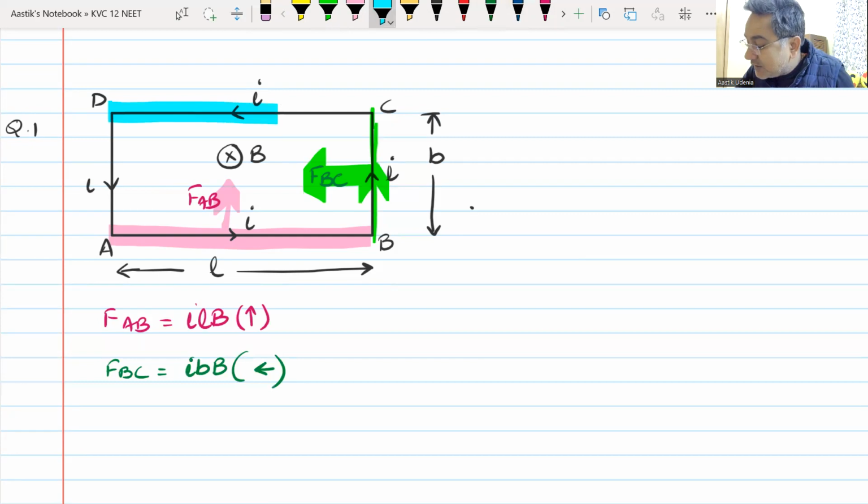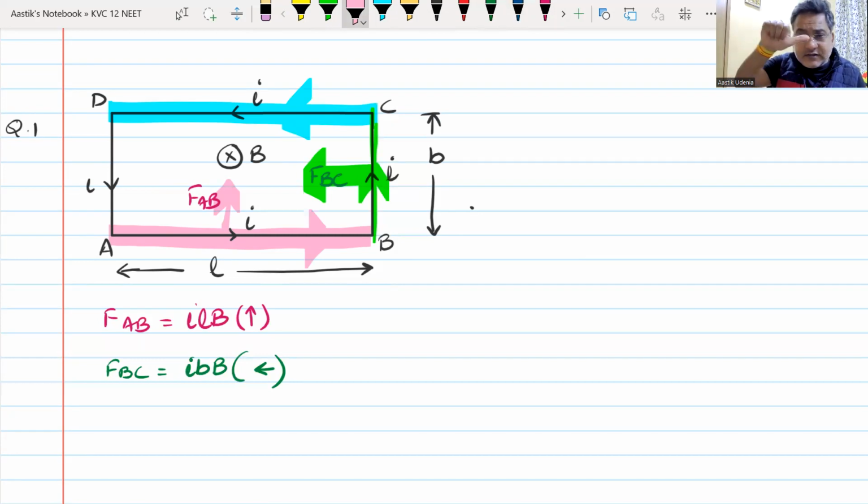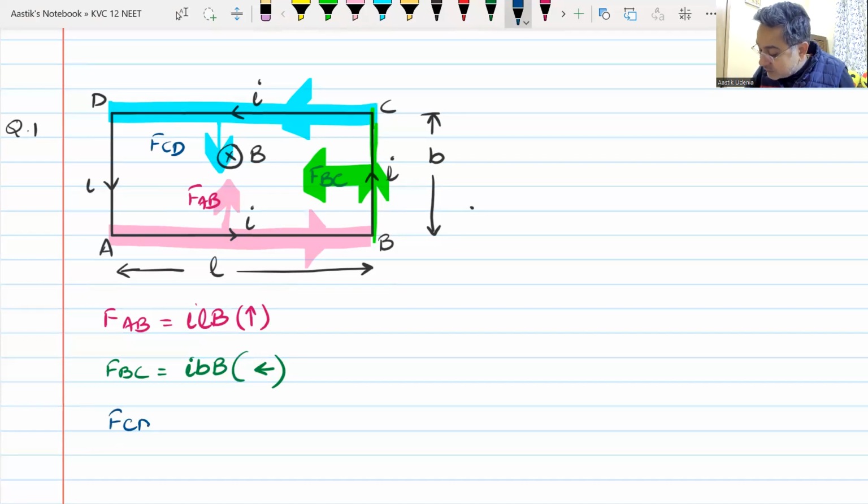If I call this wire the blue wire, current in this wire is like this, magnetic field is here, and you can see magnetic force will be going downwards. Magnetic force on the wire CD will be equal to ILB, but it will be in the downward direction. I hope you see it, everyone. Yes or no?